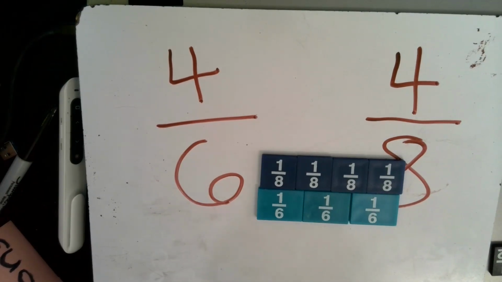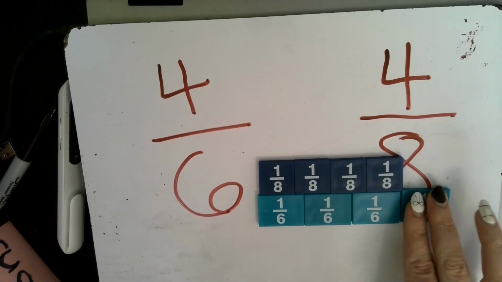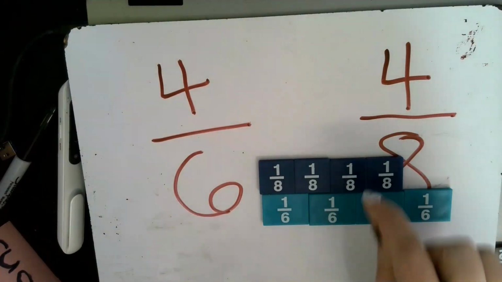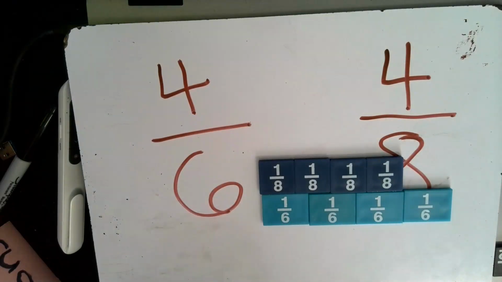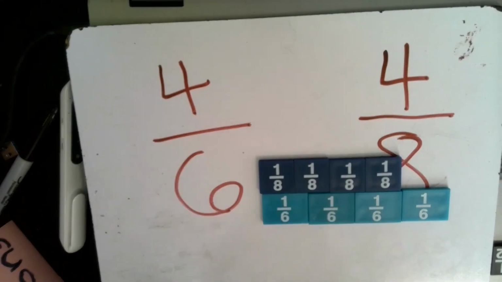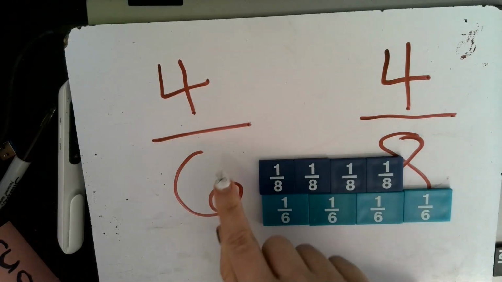No, 3/6, hang with me. 4/6 is a whole one. Would you rather have 4/8 of chocolate or 4/6 of chocolate? 4/6 because it's a bigger piece. Hang with me. We want the bigger piece. 4 on the floor. Please and thank you. 4/6 is greater than 4/8.